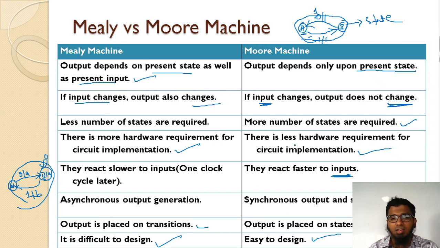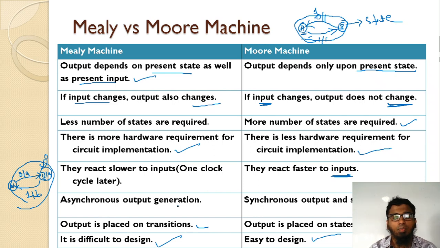Moore has a lower hardware requirement. Next, fifth point, Moore reacts slower to input, one clock cycle later. Mealy reacts fast to input. Because Moore is not depending on the input directly, it is slower, by one clock cycle.